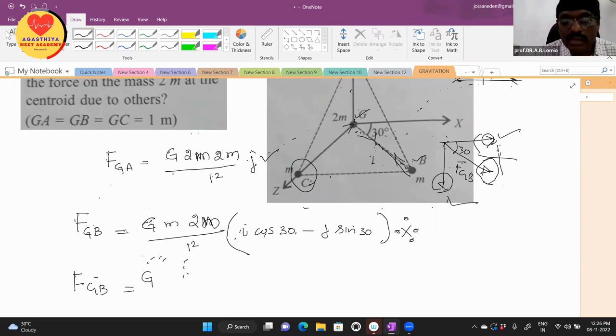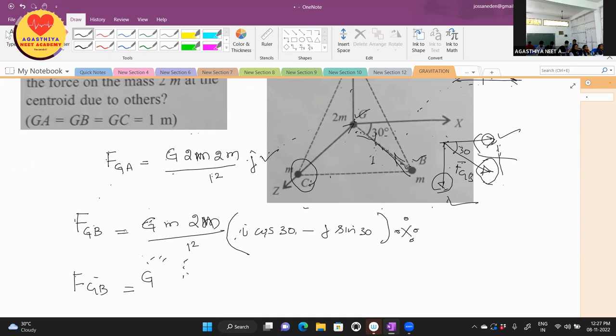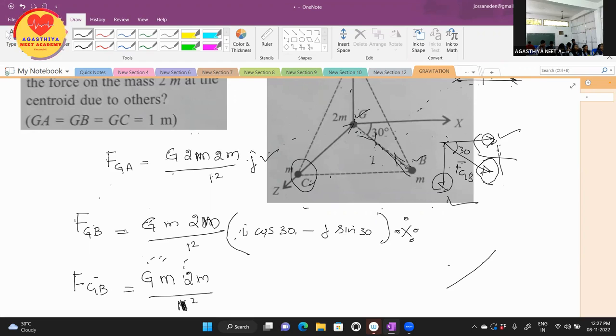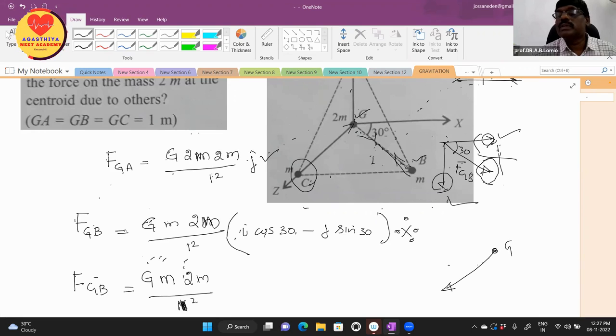Next, consider the mass C and G. G is the universal gravitational constant. The mass placed at C is m. The mass placed at G is 2m. The distance between the two is 1, squared. In the z-axis, the force is acting like this. With respect to G, this is outward.